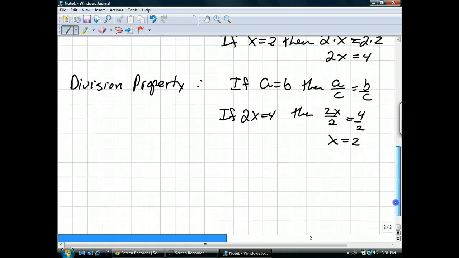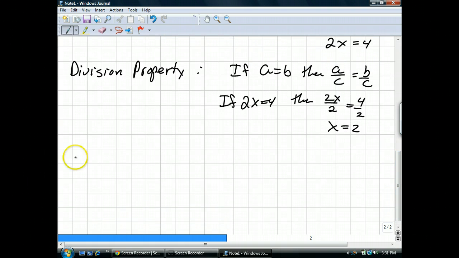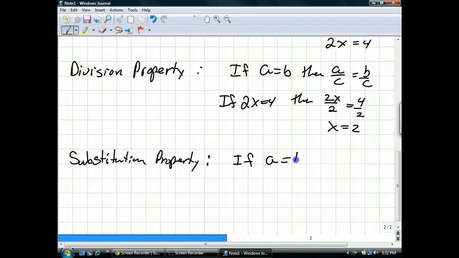And then we have the substitution property. Okay, we use this very, very often in geometry. Okay, so it says that if a equals b and a equals c, then c equals b.